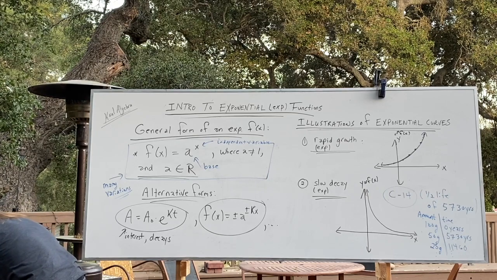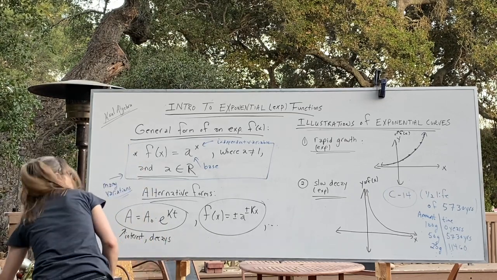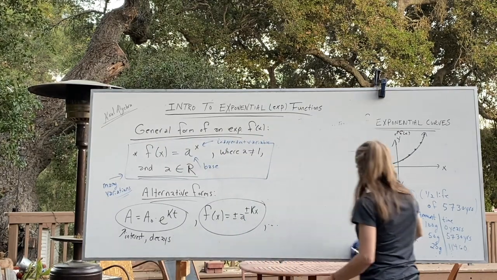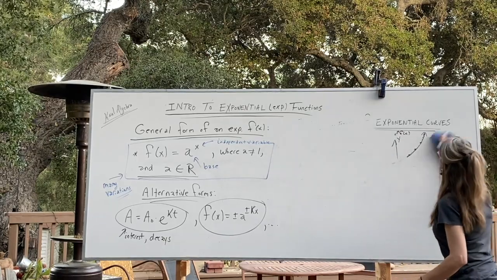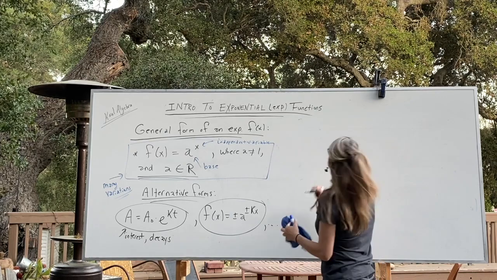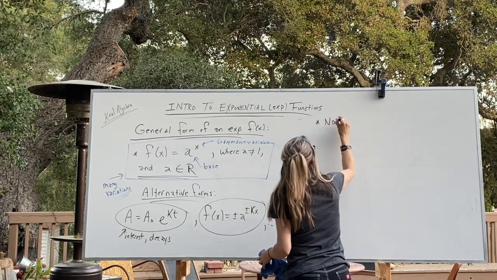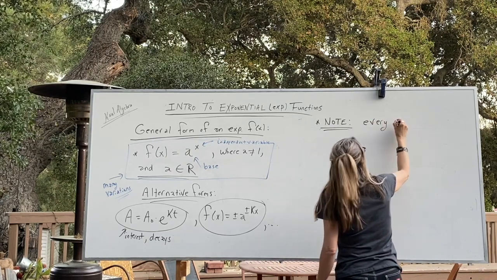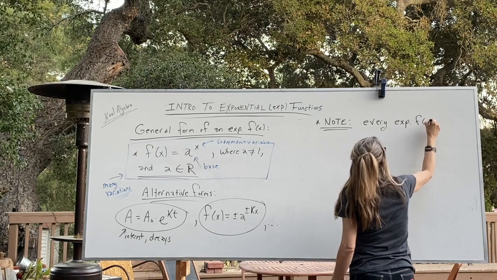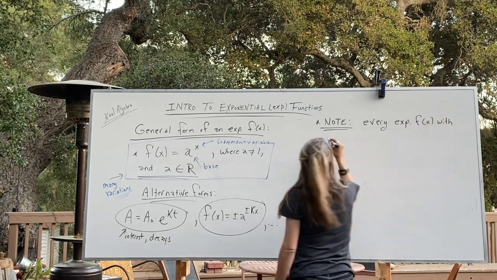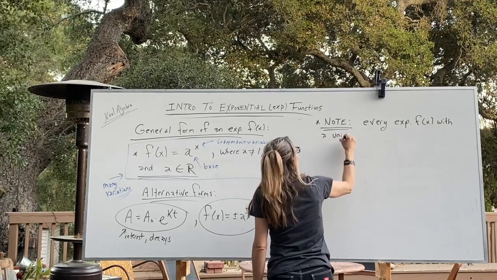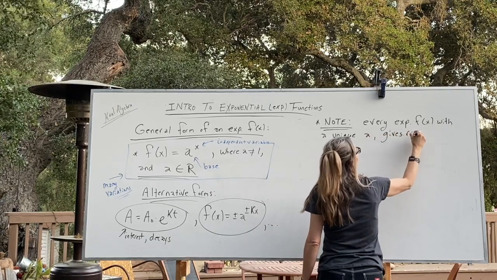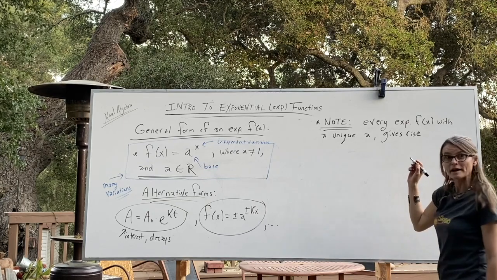Okay. Now what we have to realize is that every exponential gives rise to an entire family of functions. And I'll give you some number examples. So what we have to know is that every exponential function with a unique base value, a, gives rise to a whole family of functions.